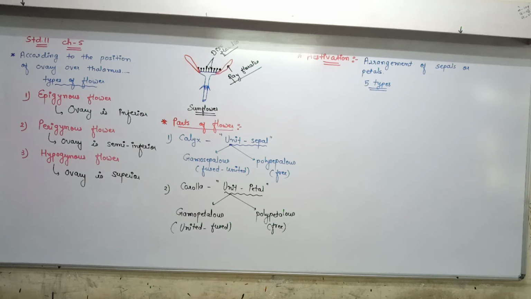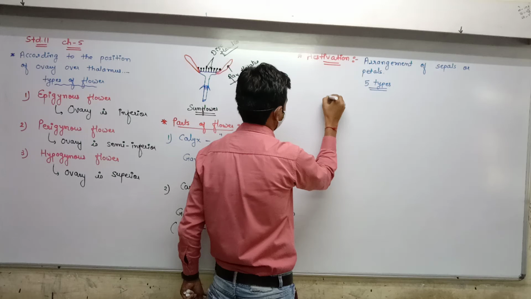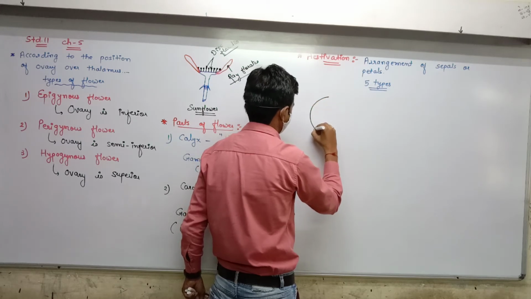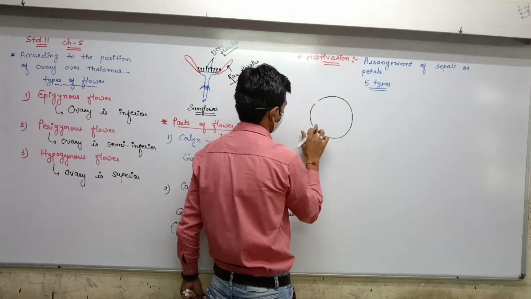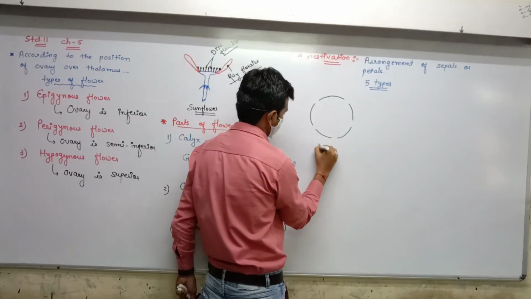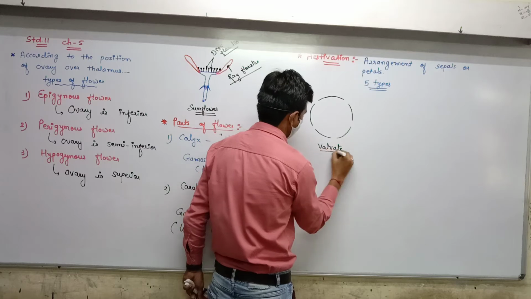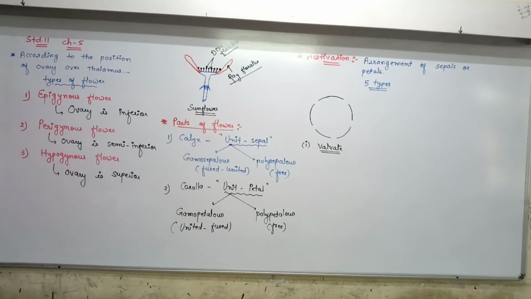So here the first example given is valvate. Okay, what does this diagram indicate? Valvate, okay, but how can we draw this diagram?